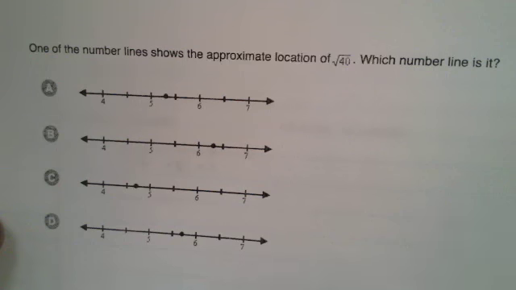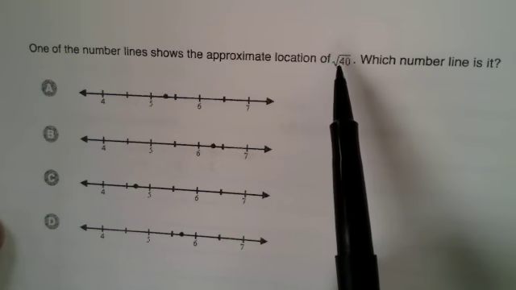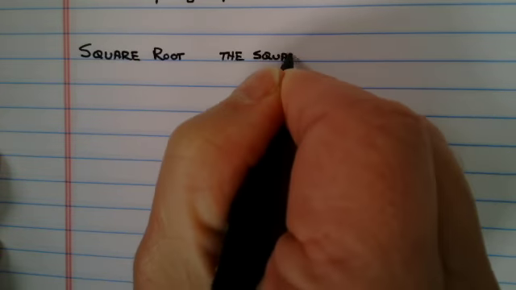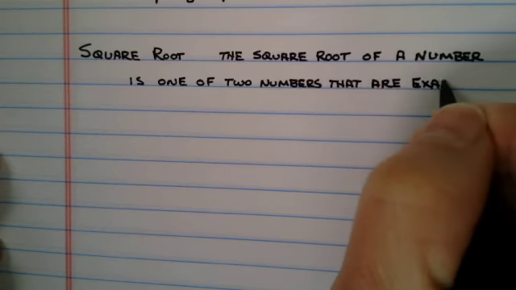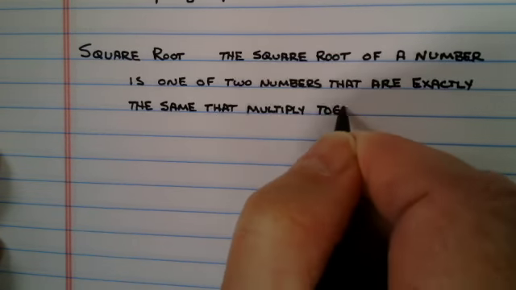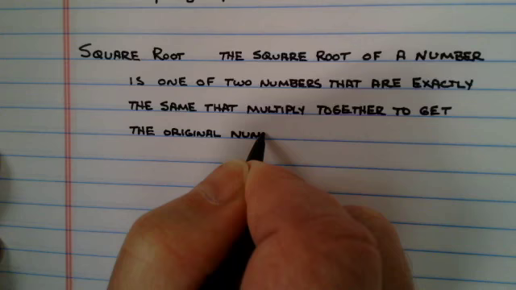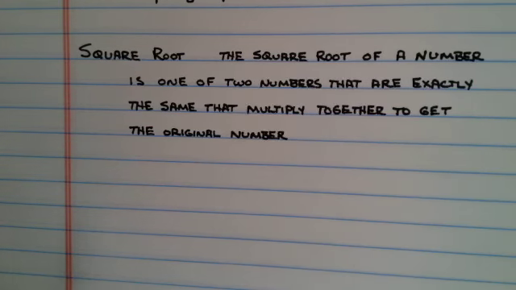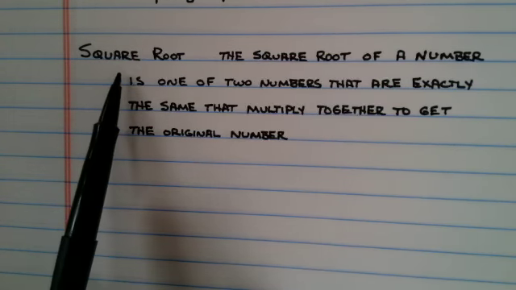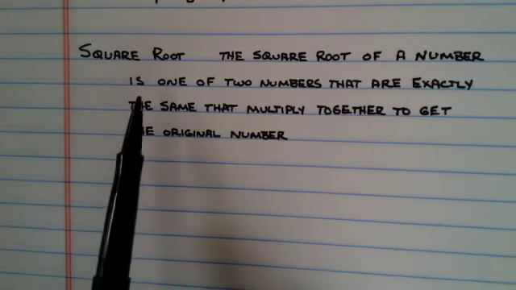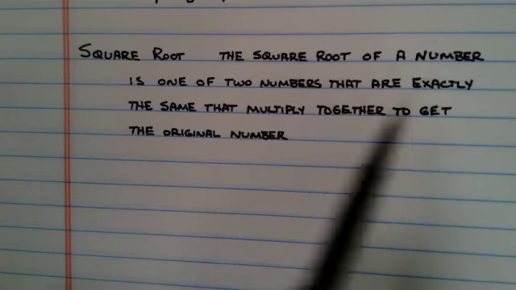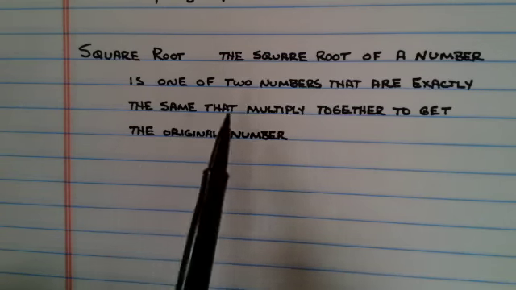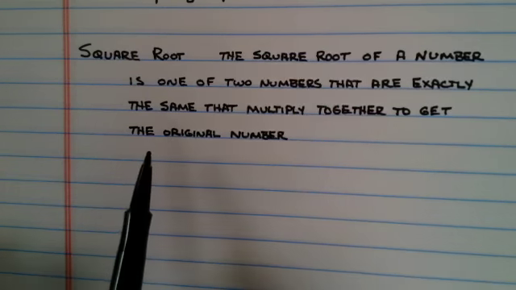The other thing we need to review to answer this question is the square root. In common everyday terms, the square root of a number is one of two numbers that are exactly the same that multiply together to get the original number.